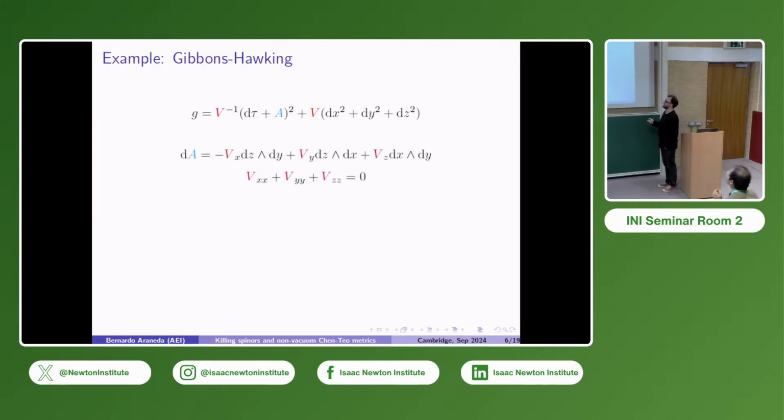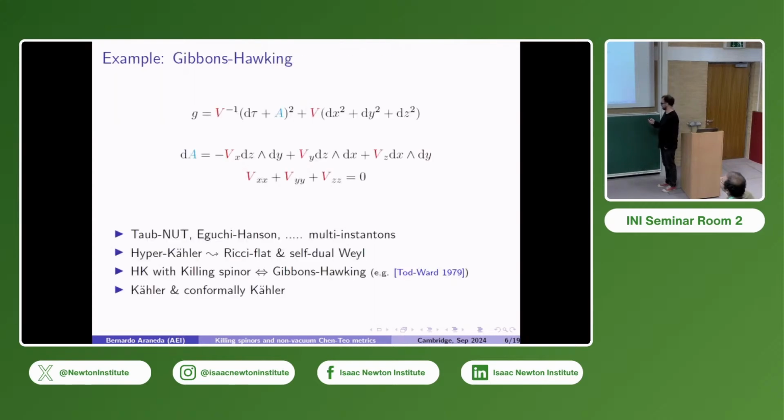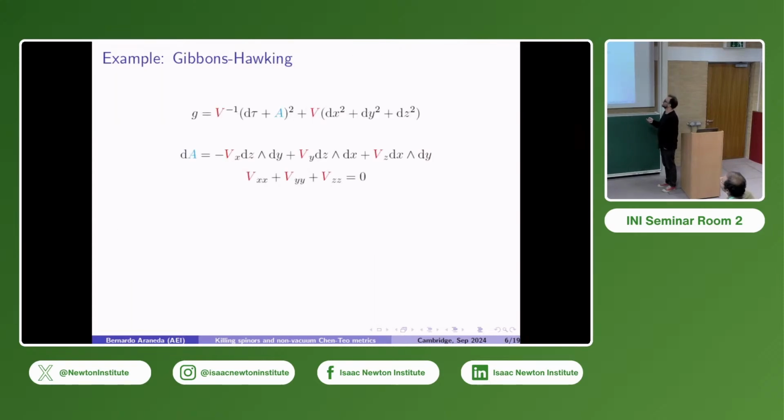There is a differential relation between the one-form A and the derivatives of the scalar function V. This has an integrability condition, which is the flat Laplace equation in 3 dimensions.